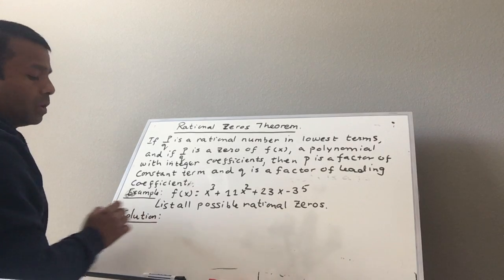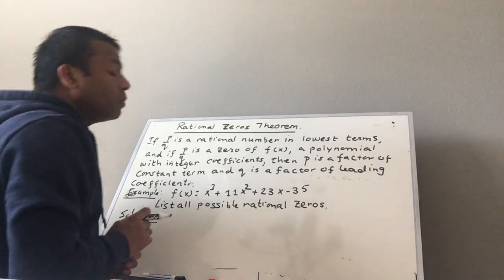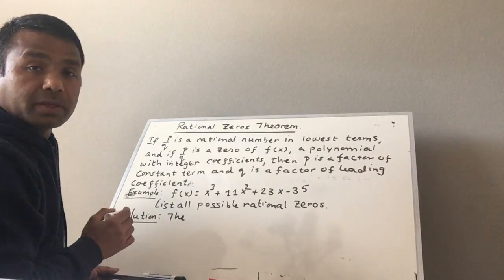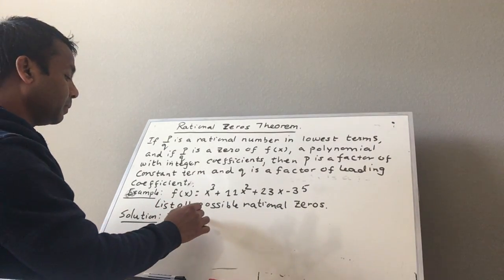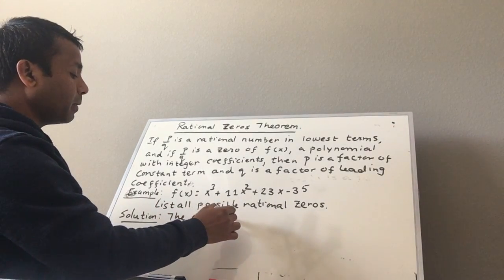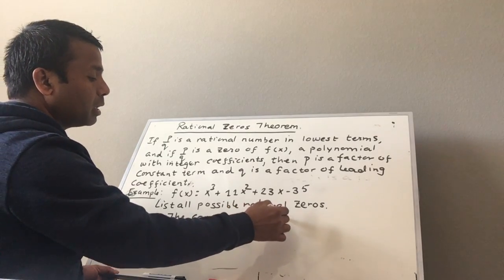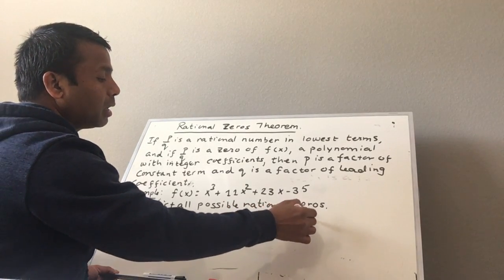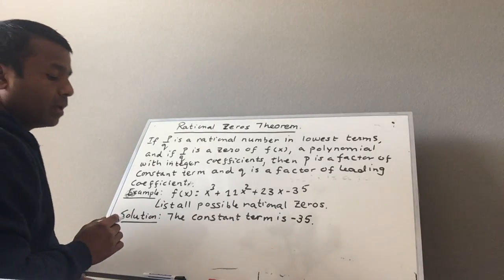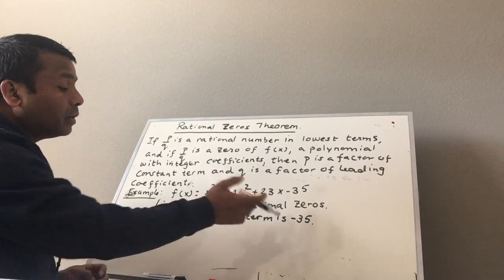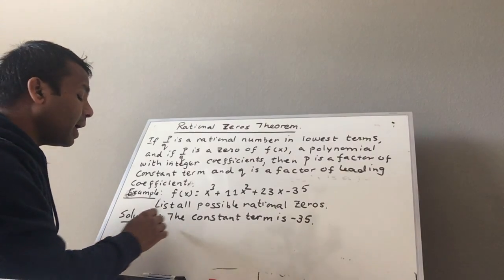Well, what you need to do is first find the constant term. The constant term is negative 35, and you can find the factors of negative 35.